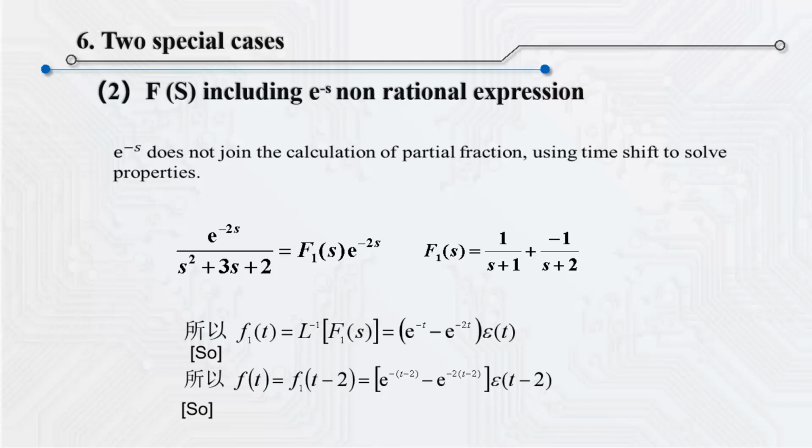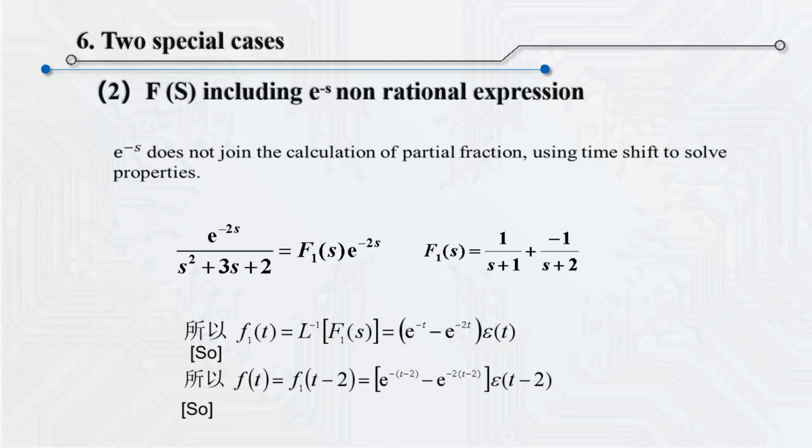Let's break it down, so F1(s) we can write using partial decomposition as 1 divided by s plus 1 plus negative 1 over s plus 2. Its inverse transformation is e to the power of negative t times epsilon t.